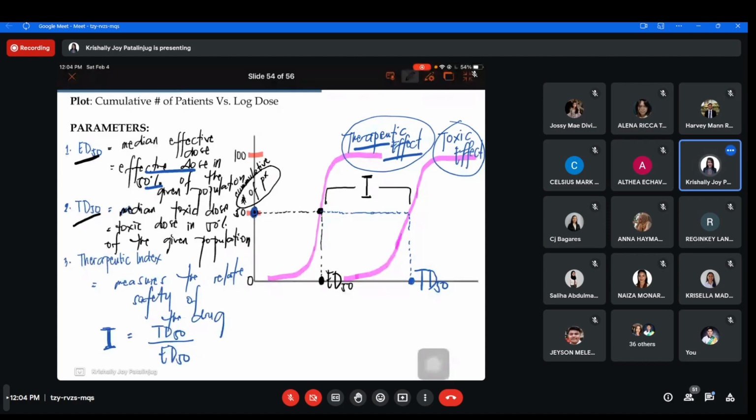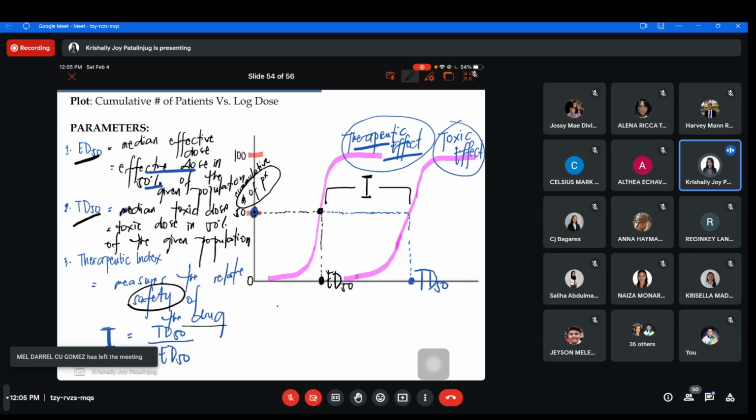And we could tell na kapag yung window na yan is malaki siya, ano yung opposite ng narrow? Broad. Okay. Kapag malaki yung window dyan, we could tell na safer yung drug. Pero kapag very narrow, magkalapit yung space dyan in between the TD50 at saka ED50, we could tell nga merong narrow therapeutic index yung gamot.